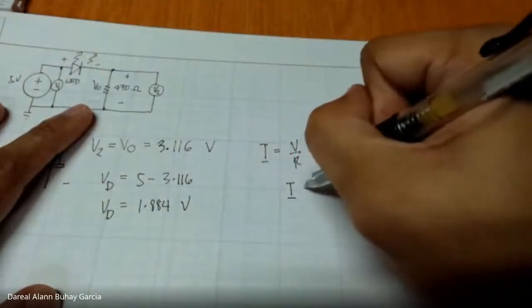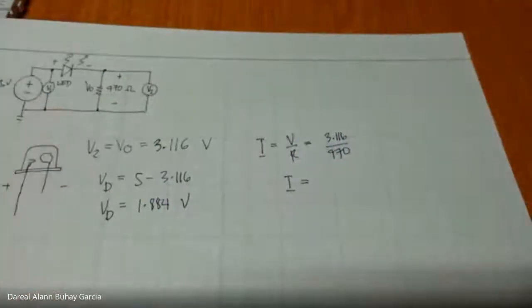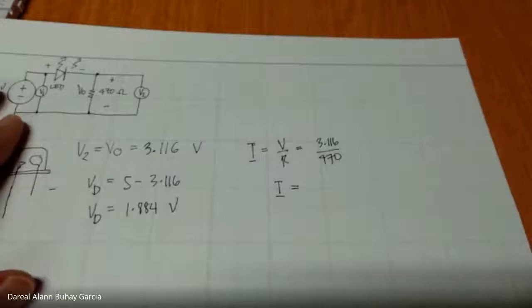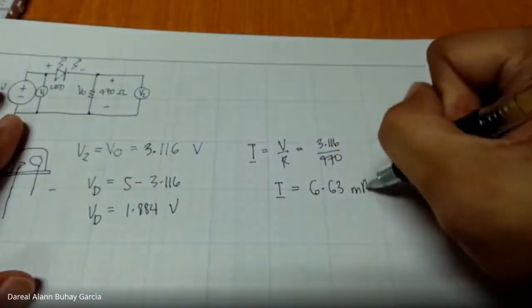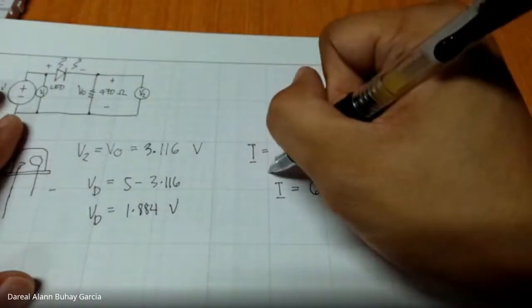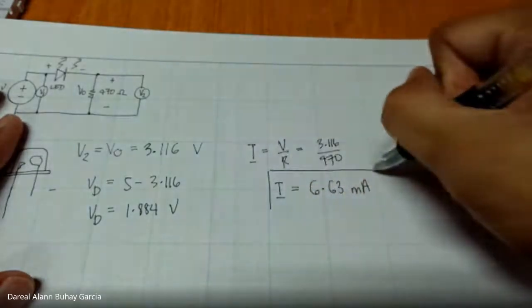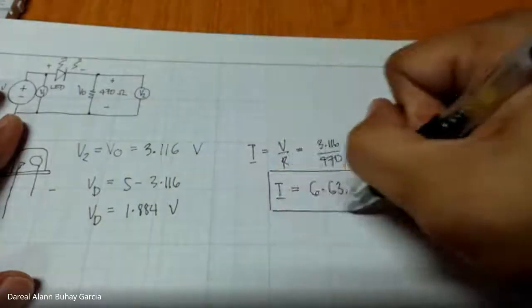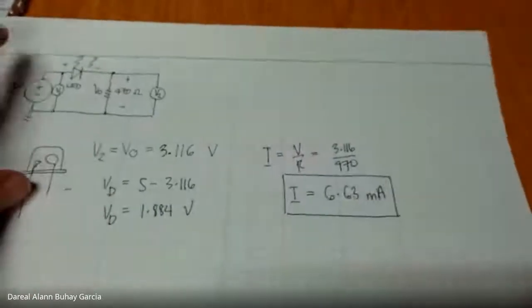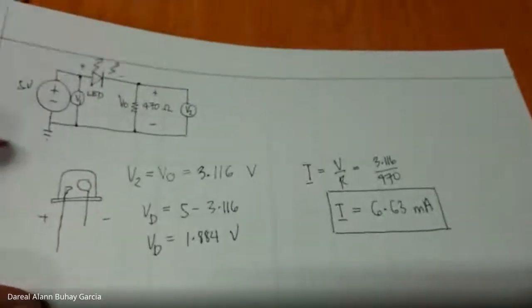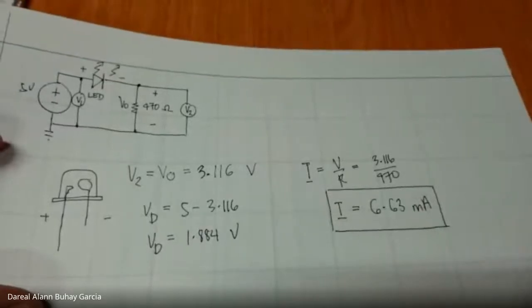Therefore, the current of our load and also the current of the circuit is 6.63 milliamperes. Kaning current, dili ni siya ma-measure ni Adalm. Sensitiveness like current. Voltage lang yung ma-measure. So we need Ohm's law to calculate for the current then. So it's as easy as that.